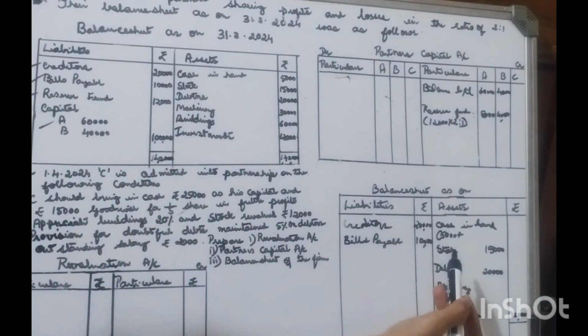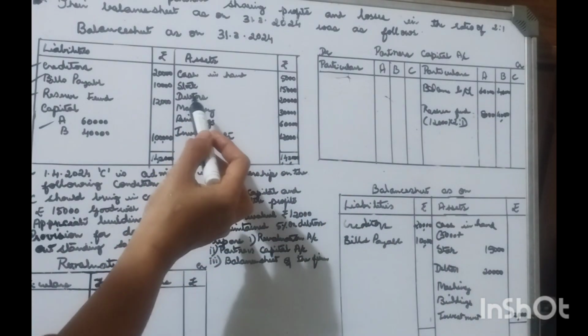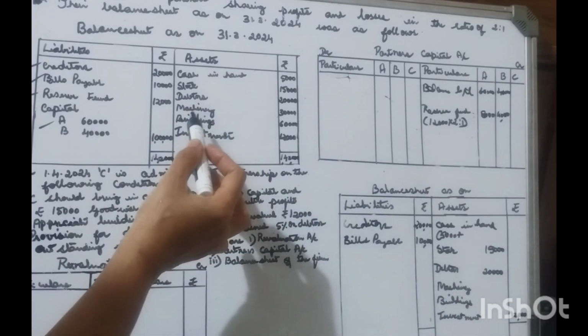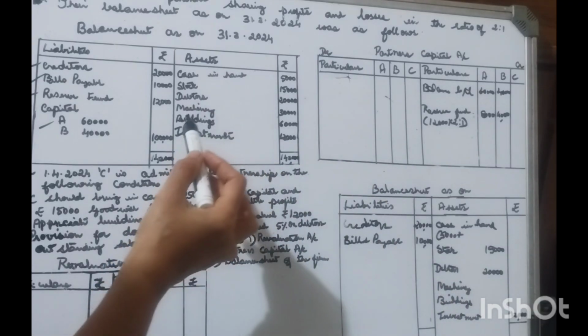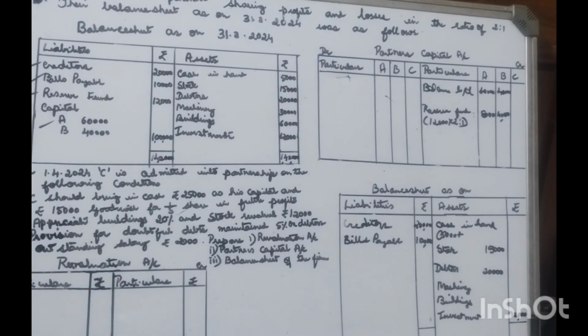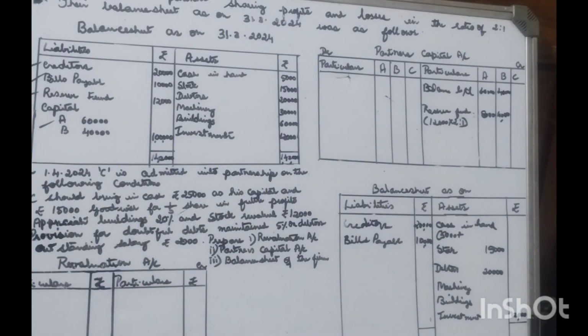Cash in hand is an asset with certain adjustments. Stock, asset. Debtors, asset. Machinery, fixed asset. Buildings, asset. Investments, asset. So these are the entries that appear in this balance sheet.